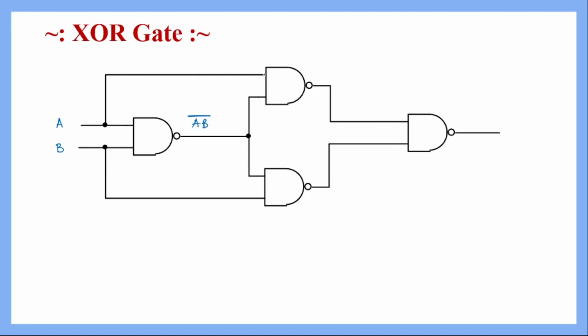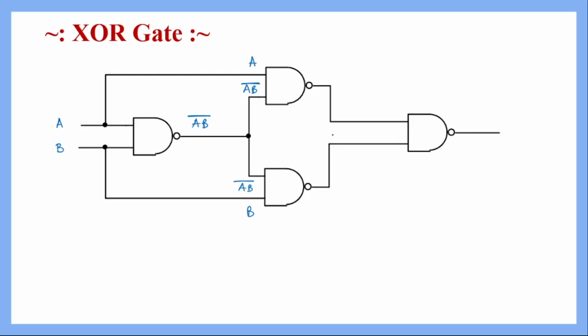For the second two-input NAND gate, what are the inputs? One of the inputs is a, and the second input is ab complement. For the third NAND gate, one of the inputs is b, and the second input is ab complement.